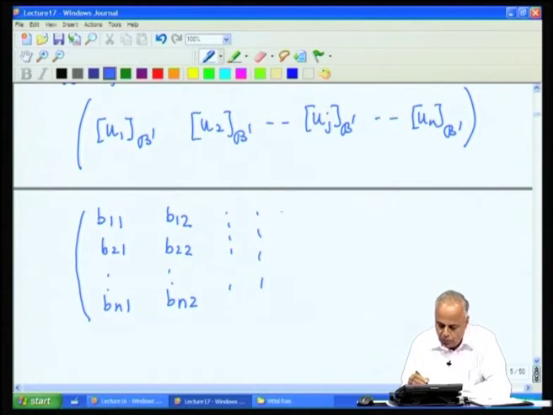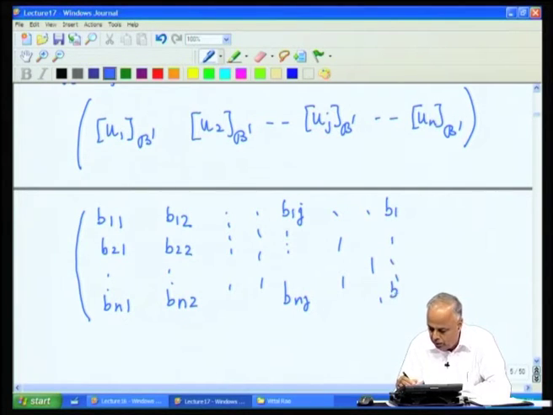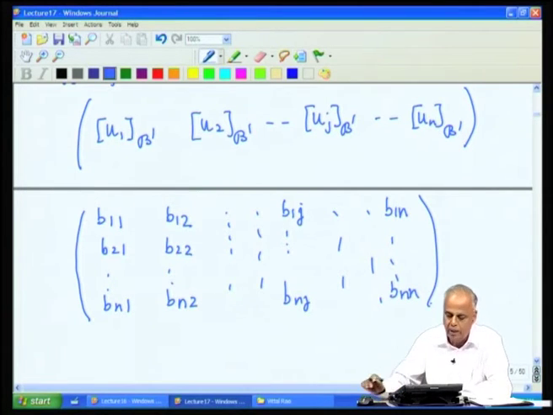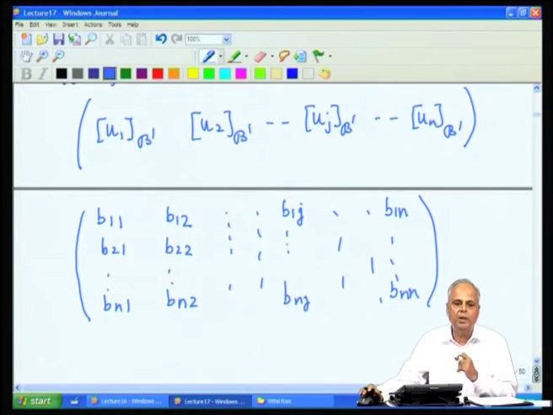And when we come to uj, we have b1j, b2j, bnj with the second index j, and so on, and finally b1n, b2n, bnn with the second index n. So, this is the n by n matrix that we construct.